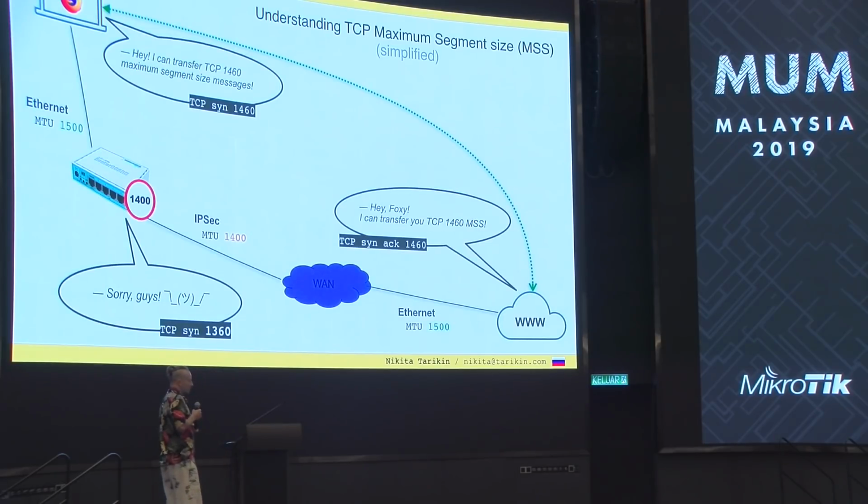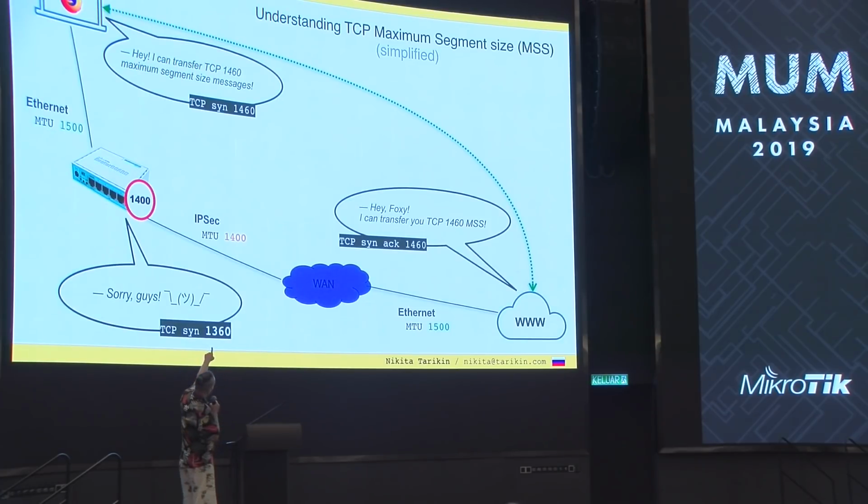Okay, let me explain a little bit, going back to TCP MSS. That's my simplified explanation. You can make a picture if you want. Let's say your browser wants to establish a TCP connection with a web server.